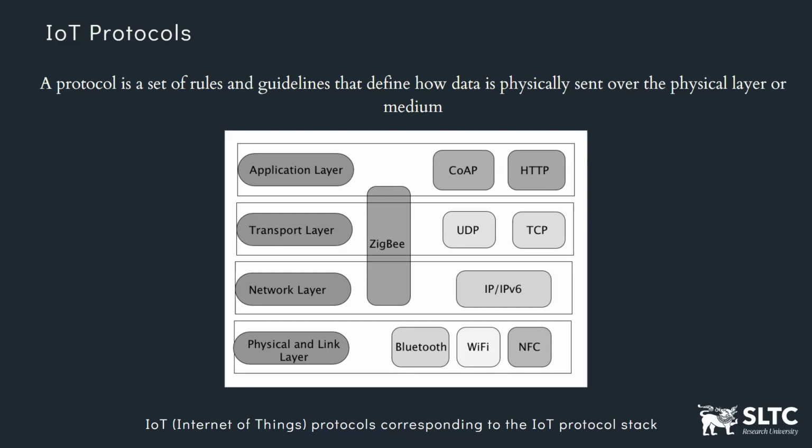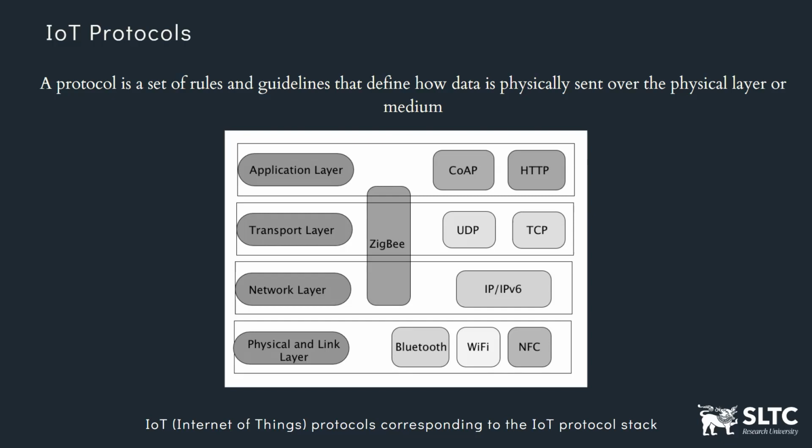So starting from the bottom, we can start with the physical and link layer protocols. So we have the Bluetooth, Wi-Fi, near-field communication protocols, and so on. Then in the network layer, we have IP addressing, and so on. So we have the ability to give a unique address to devices in the network layer.